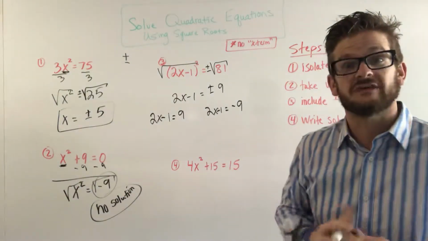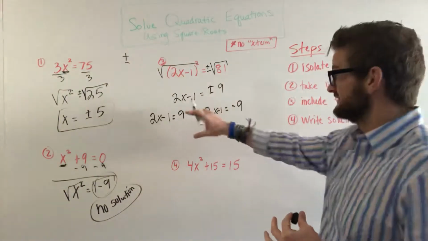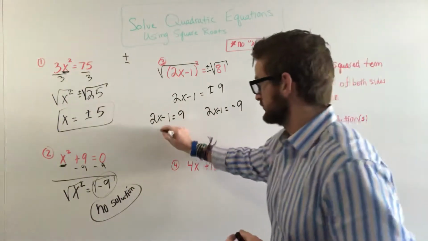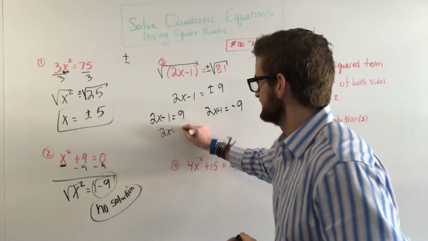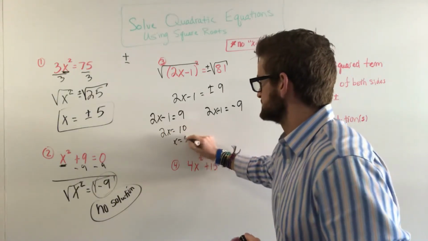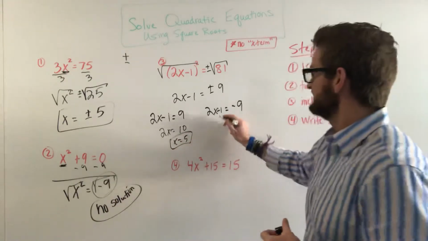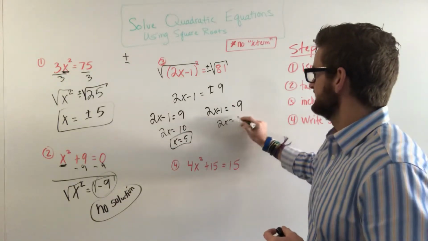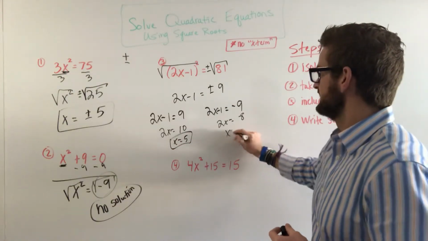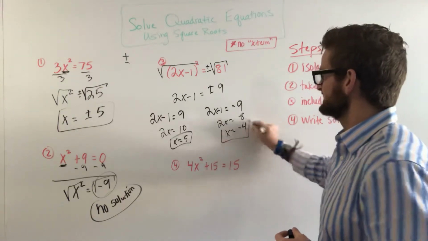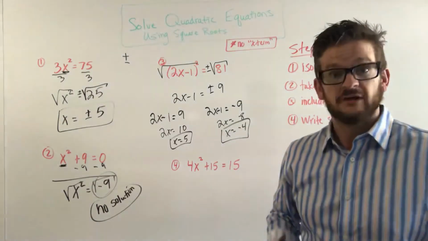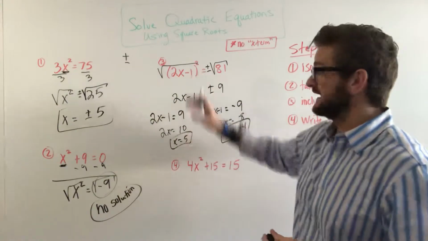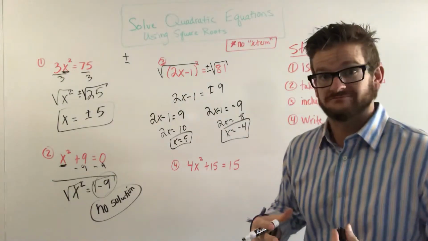We're going to solve each of those individually so that we can find what values for x would make this true. For the left-hand side, I get x is 5. For the right-hand side, solving it quickly, I get x is negative 4. So both those, when substituted back in, should make this true.